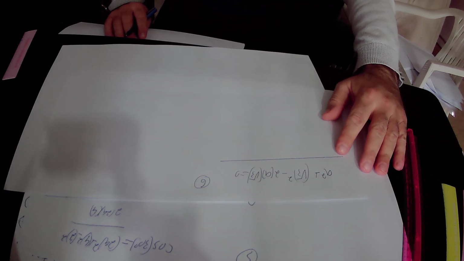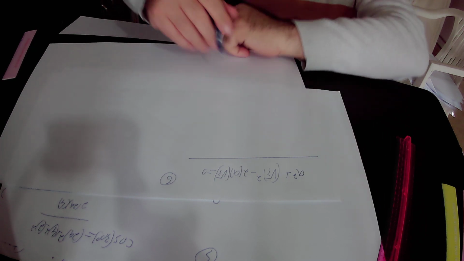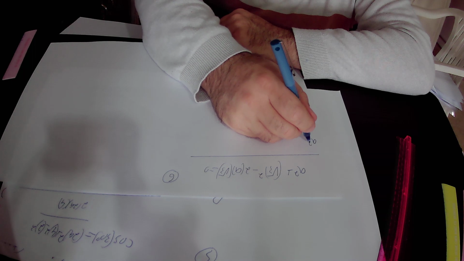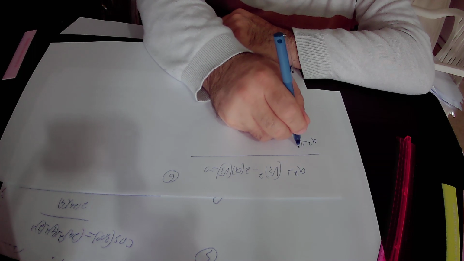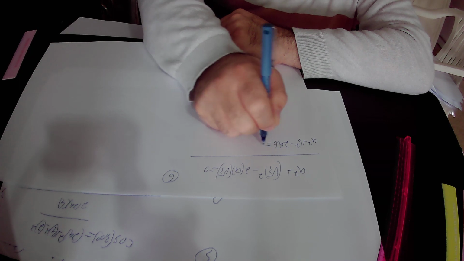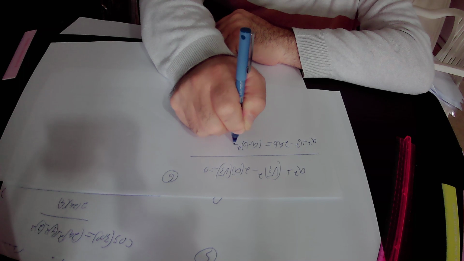This expression is very similar to the algebraic identity that a squared plus b squared minus 2ab equals (a minus b) squared, which equals 0.